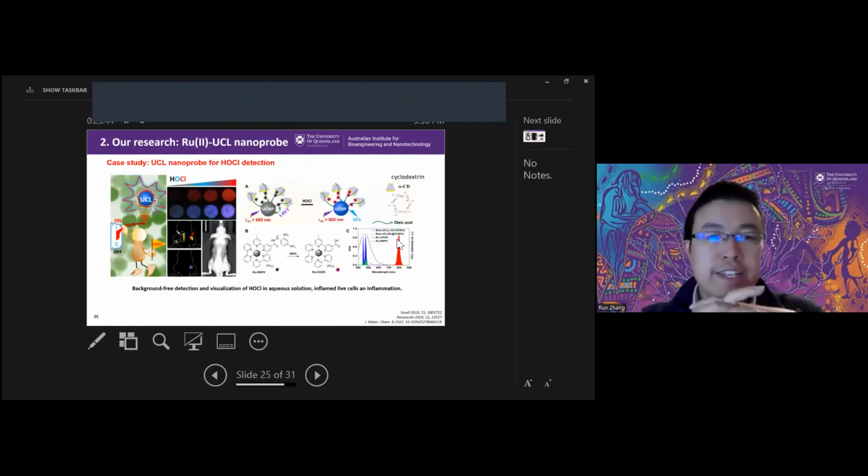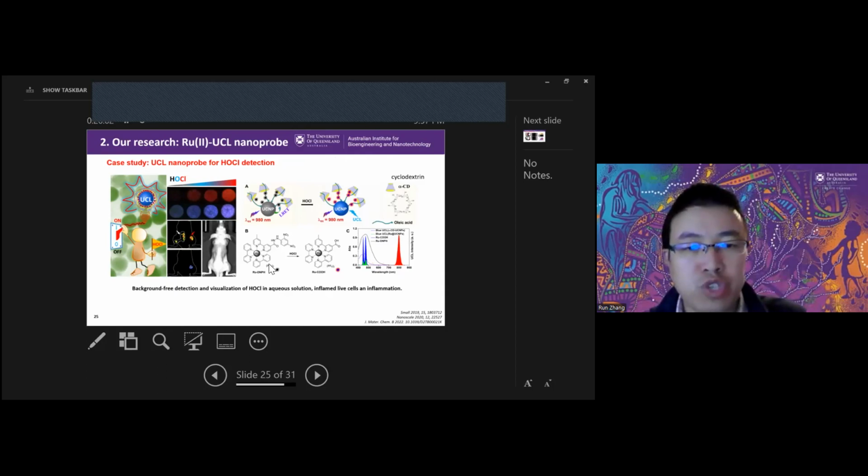As I also introduced in the other study, the upconversion luminescence, we designed some responsive probes for biomolecular detection using upconversion nanoparticles.